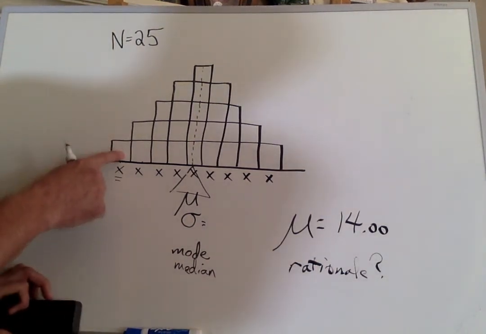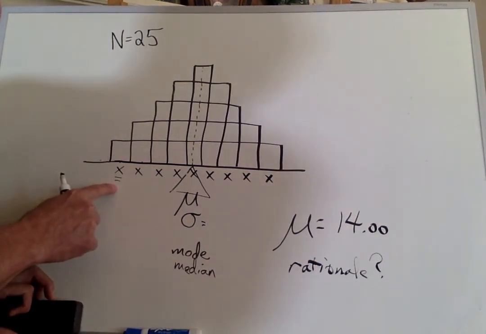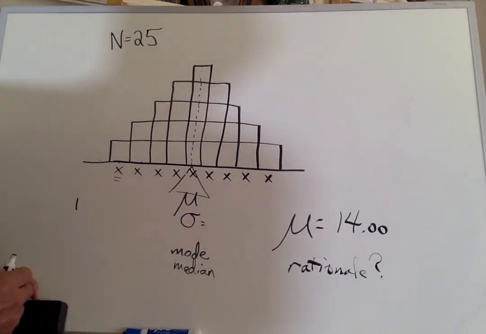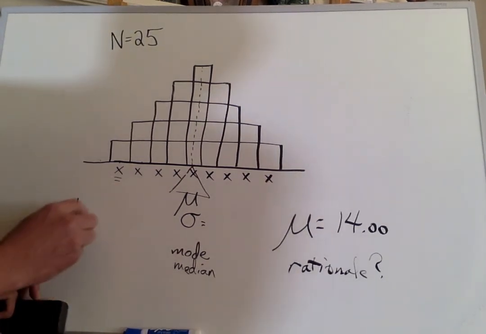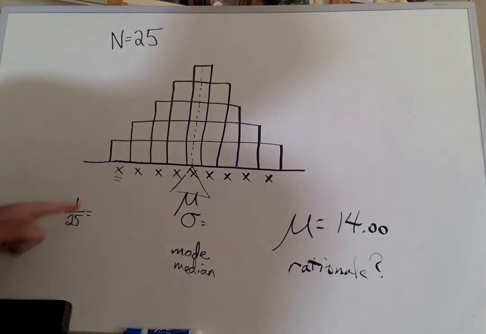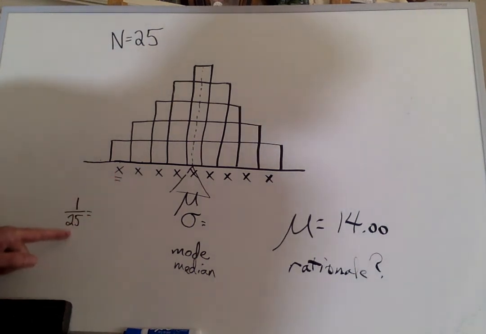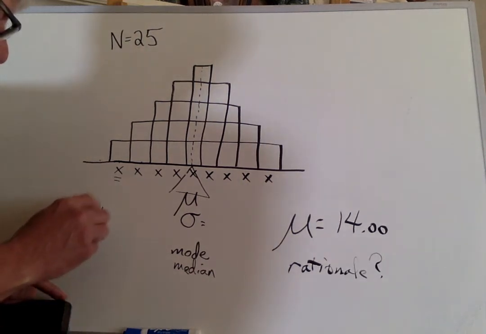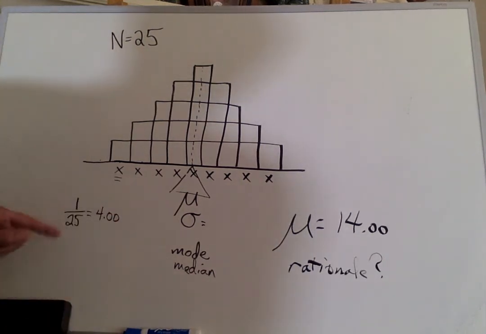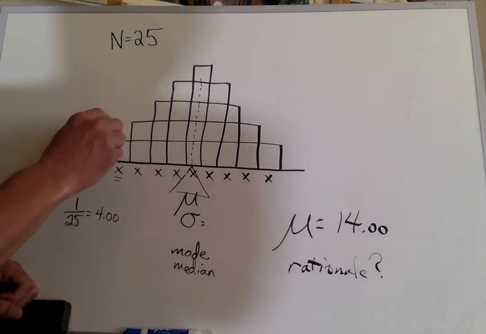There's one block with this number on it, right? Out of 25 blocks, so the probability that we would get a block with this number is what? If you do the division here, the probability is 4%.